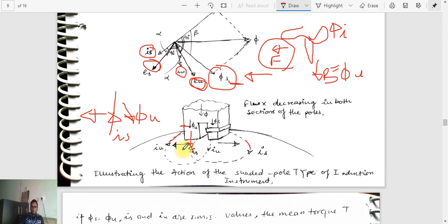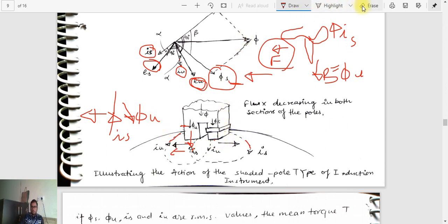Similarly, for phi s and IU, and IS, the direction is down, and IS is different.